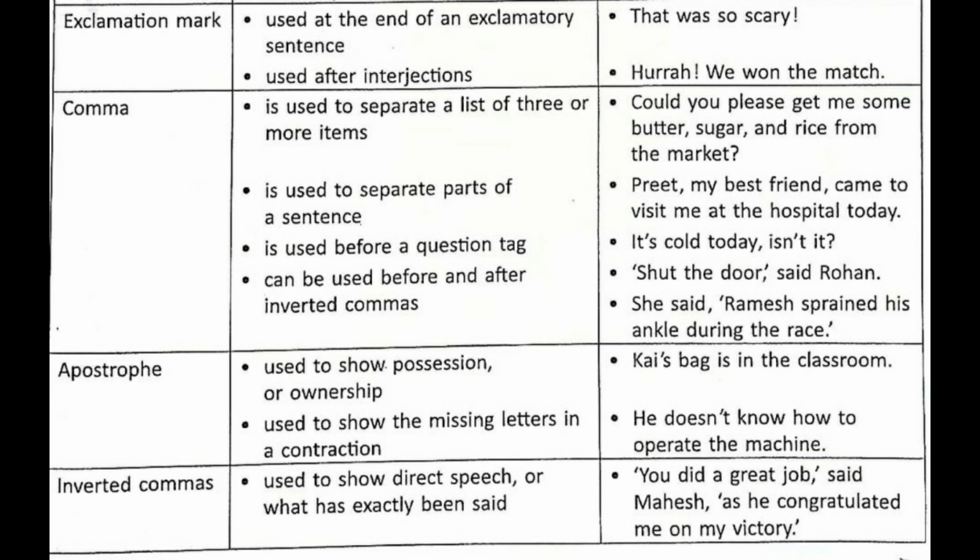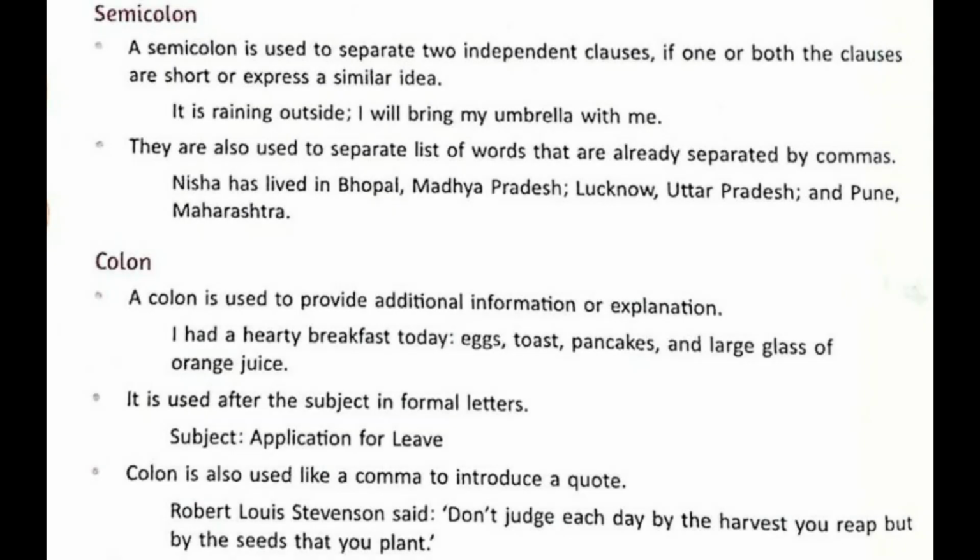On to our next punctuation mark, and that is semicolon. This is used to separate two independent clauses if one or both of the clauses are short or express a similar idea.